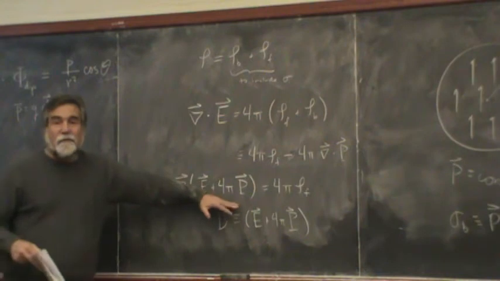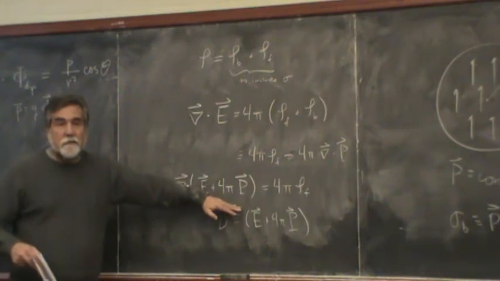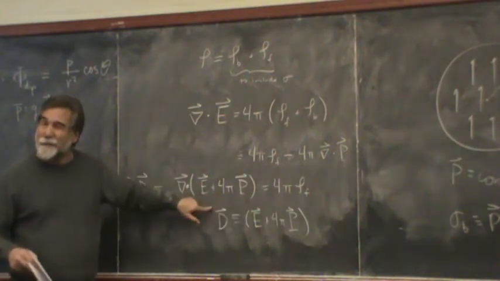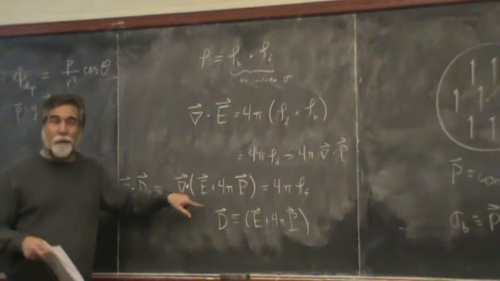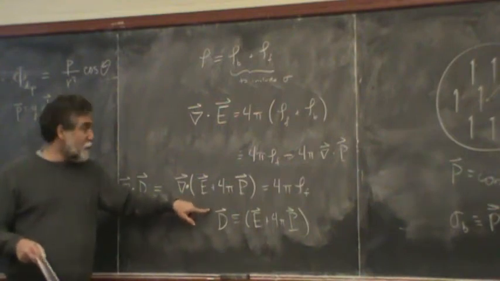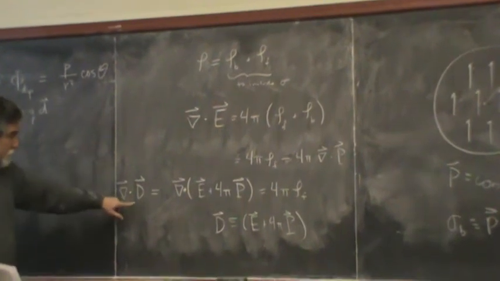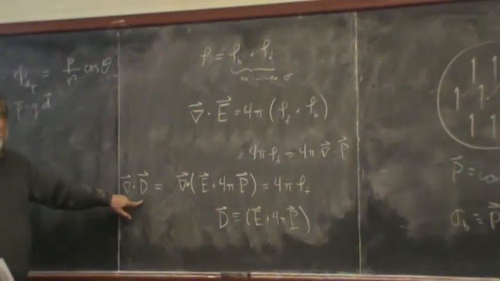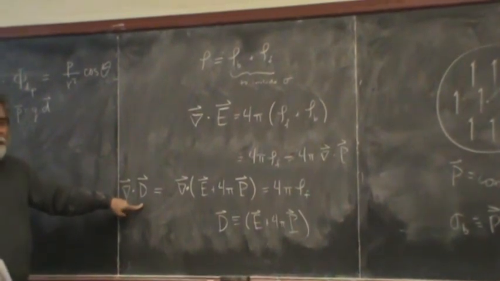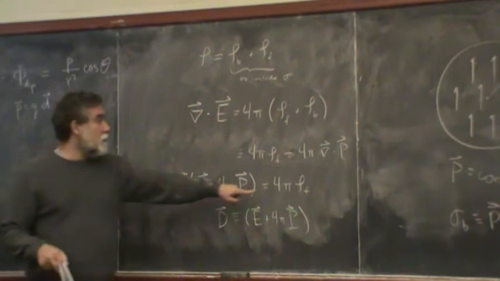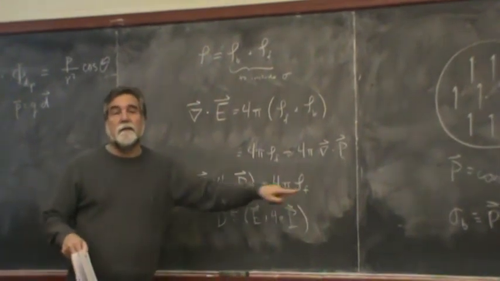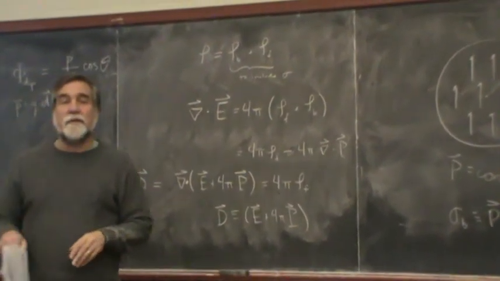The electric field is still the electric field as far as the work that you do to get from one place to another and all of that. The D field, the displacement field, obeys Gauss's law with only the free charge under consideration.